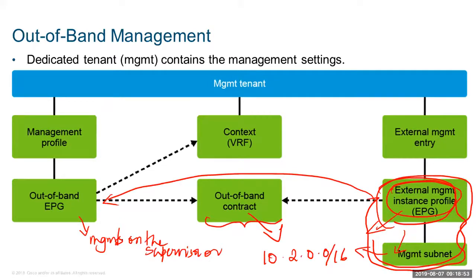Now, these ports are, of course, 1 gig typically. Okay, so the bandwidth of the management port is much lower than your in-band data ports. Anytime you access, of course, you're subject to authentication, privileges or roles, and audit logging.